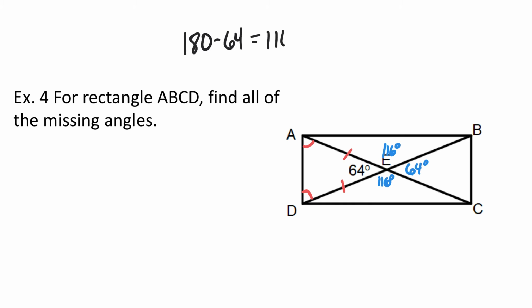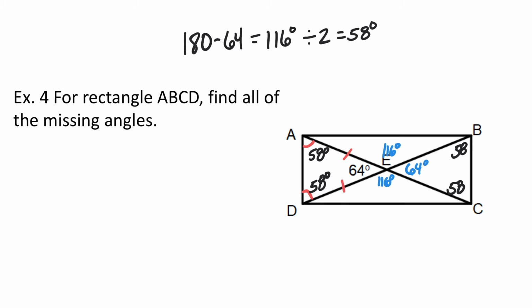But that's the remainder of those two angles, and those are divided evenly amongst each other. So what I'm going to do next is divide by 2. And what I learn is that the other parts of that triangle are 58 degrees, both here and here, which means this is 58 and this is 58.